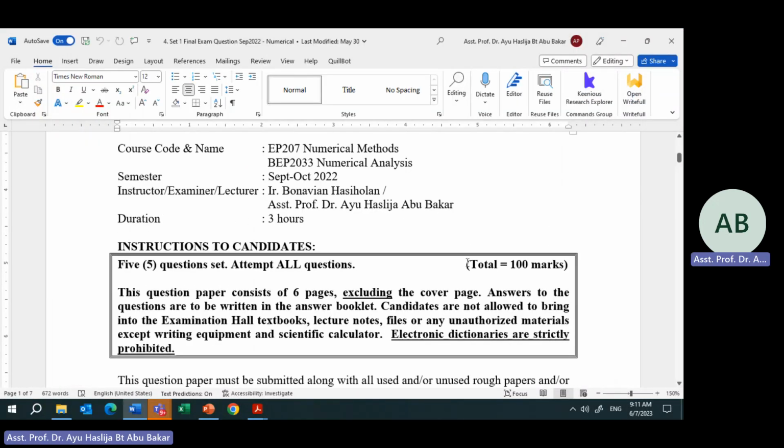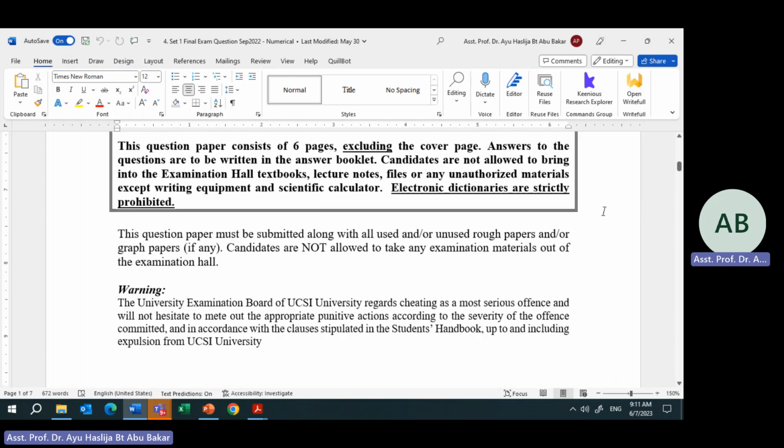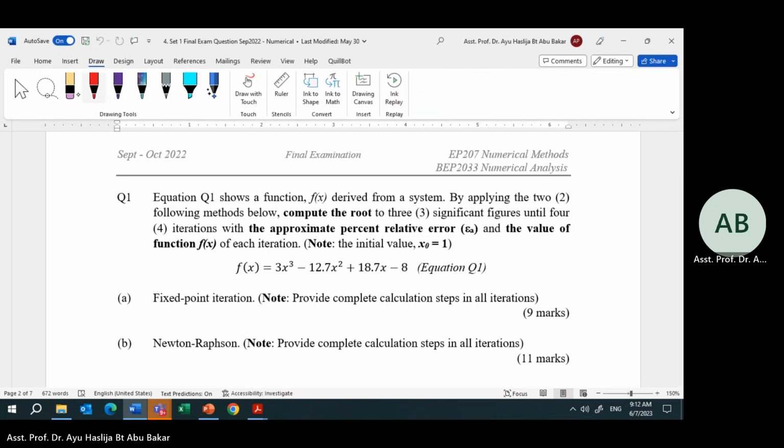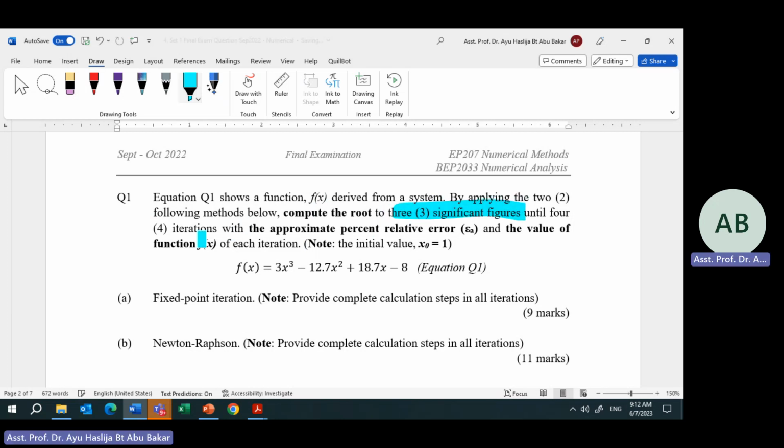Okay, this one. September 2022. Fixed iteration. Question 1, where you are given a function. Compute the root to 3 significant figures, until 4 iterations.